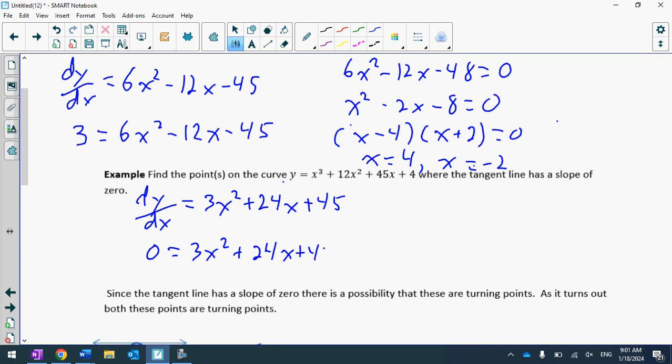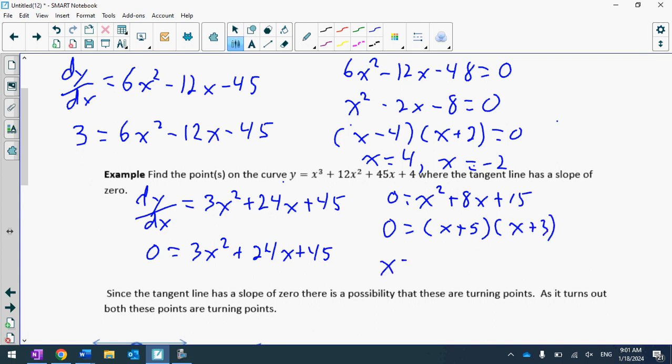The power rule tells us that if we have a cubic function, its derivative is always going to be a quadratic. Again, divisible by 3 in this case, so I'll divide everything by 3, and I get a nice simple trinomial, which factors to x plus 5 and x plus 3. And so again, I get two solutions, x equals -5 and x equals -3.